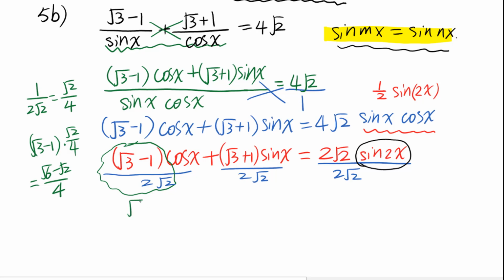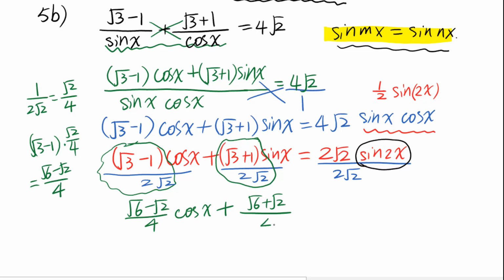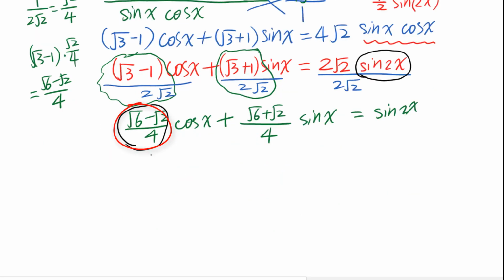So we get square root of 6 minus square root of 2 over 4 cosine x plus, same thing, we will get square root of 6 plus square root of 2 over 4 sine x equals sine 2x. That is sine pi over 12 cosine x.